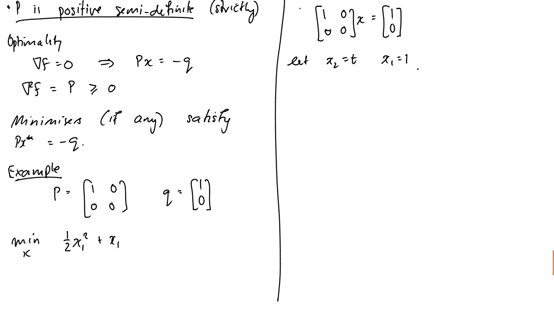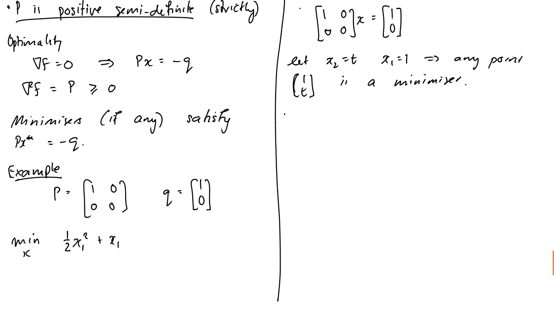So any point (1, t) is a minimizer. Okay, because we can solve this, any point satisfying that is a minimizer.